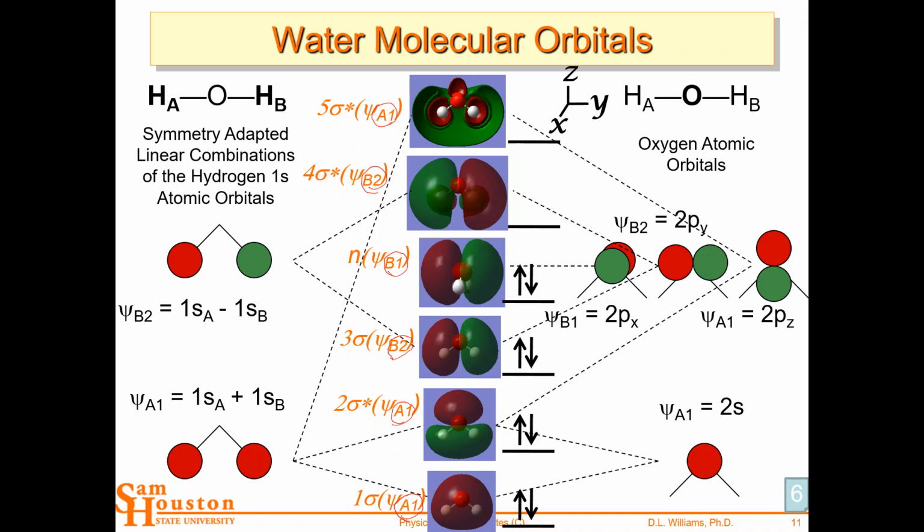So now that we've assigned the molecular orbitals, we could populate them. How many electrons does water have in its valence shell? So let's just do a Lewis dot structure. So let me erase this.